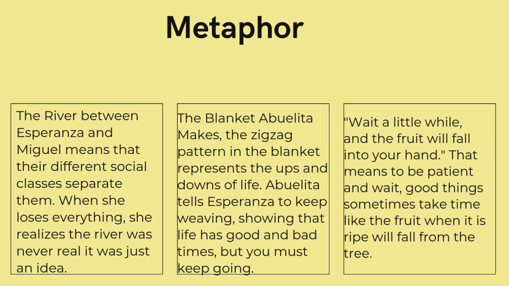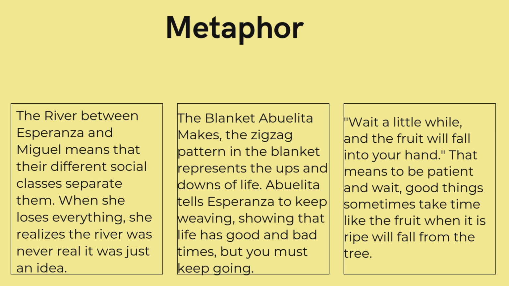The blanket the abuelita makes has a zigzag pattern that represents the ups and downs of life. And abuelita tells Esperanza to keep weaving, showing that life has good and bad times, but it must keep going.